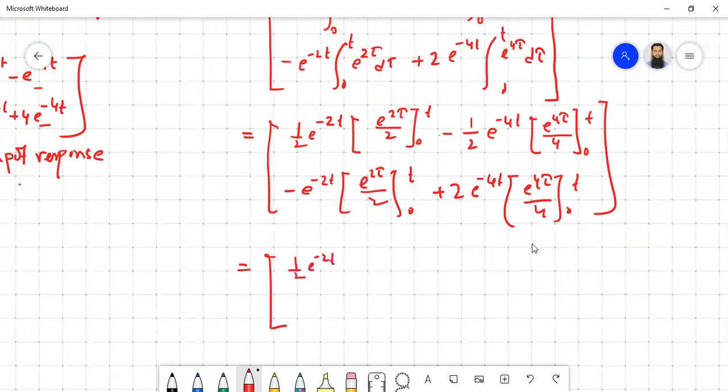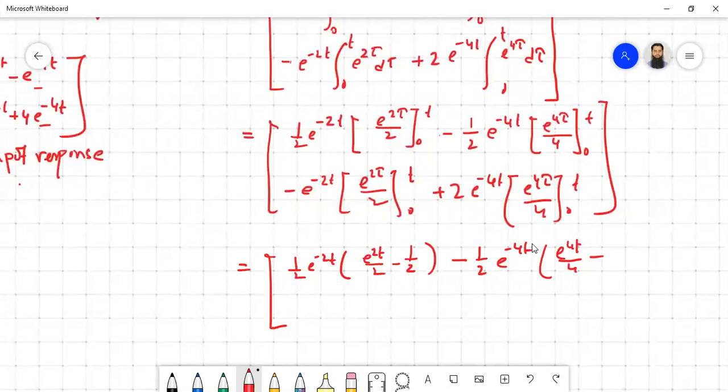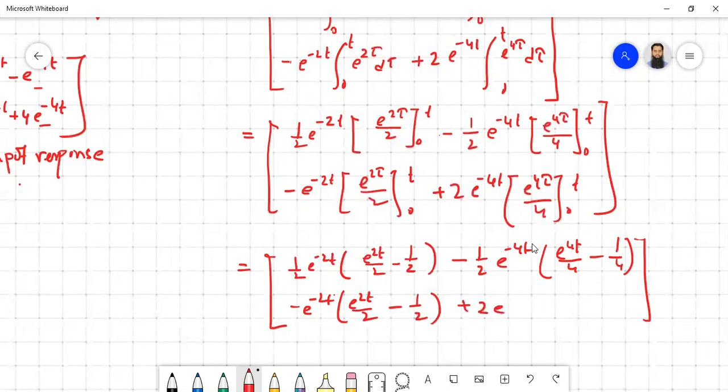Half e to the power minus twice t into e to the power twice t by 2 minus half, then minus half e to the power minus 4t e to the power 4t by 4 minus 1 by 4, and the second one minus e to the power minus twice t e to the power twice t by 2 minus half, plus 2 e to the power minus 4t e to the power 4t by 4 minus half.